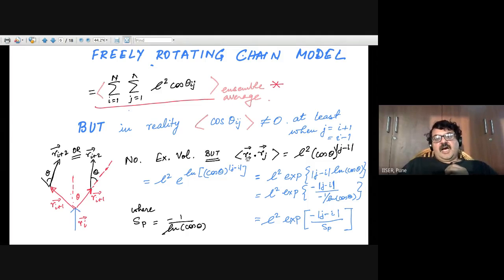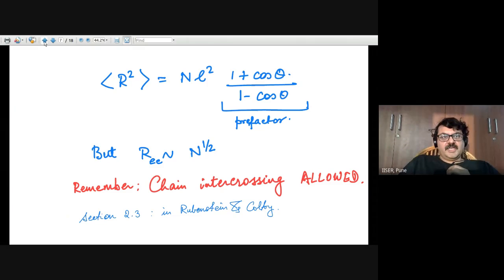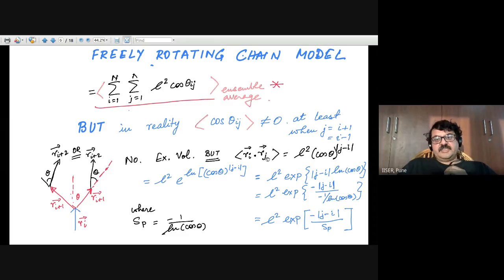And if you take Ri dot Rj, where j is suppose I plus 2 or I plus 3, then if j is I plus 3, this r vector I plus 3 can be written in terms of I plus 2 by taking an appropriate cos theta, and r I plus 2 can be written in terms of I plus 1, and Ri plus 1 can be written in terms of Ri by taking suitable dot products.